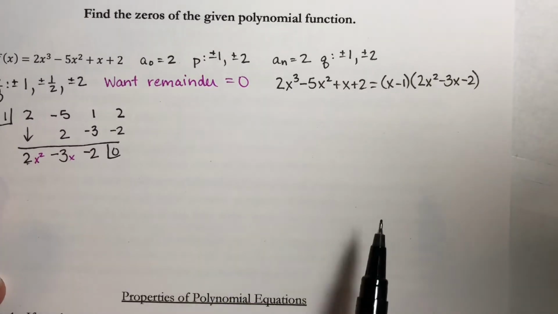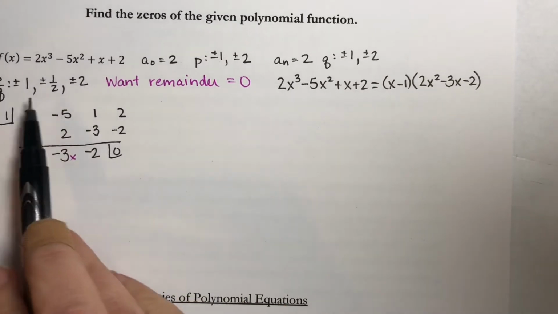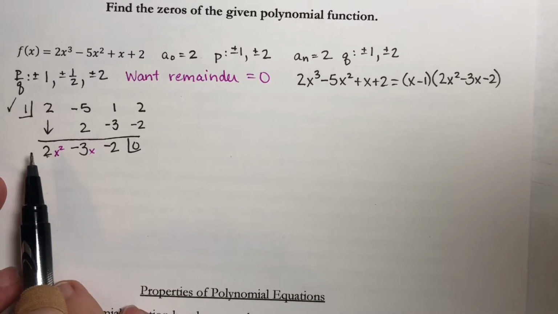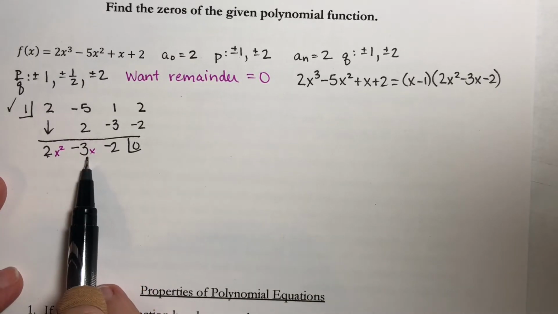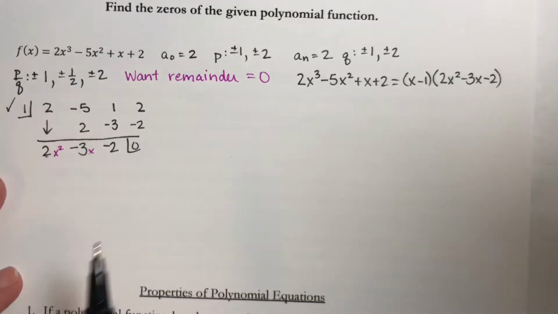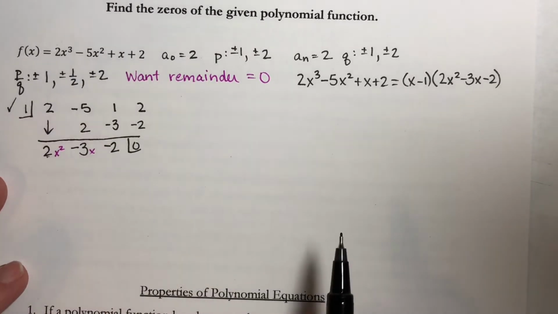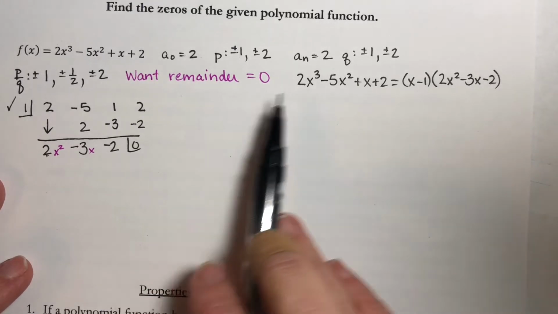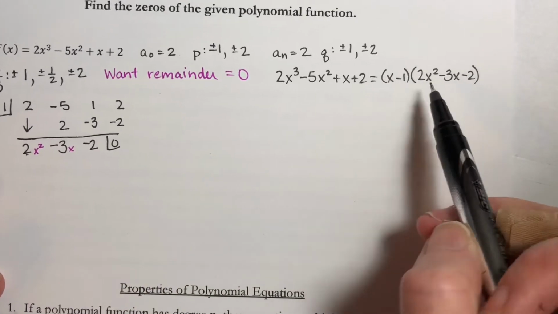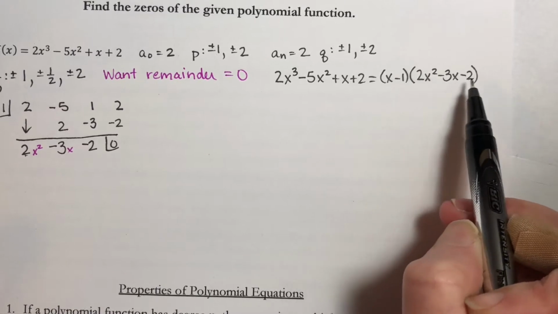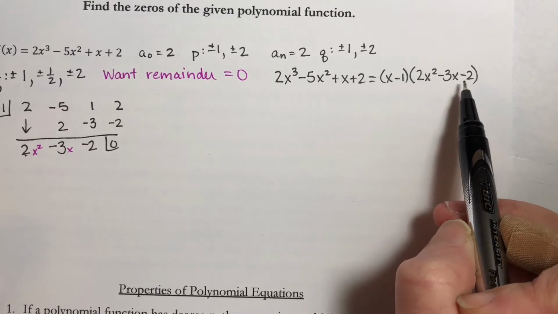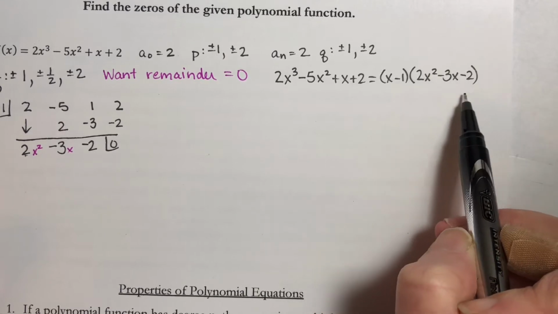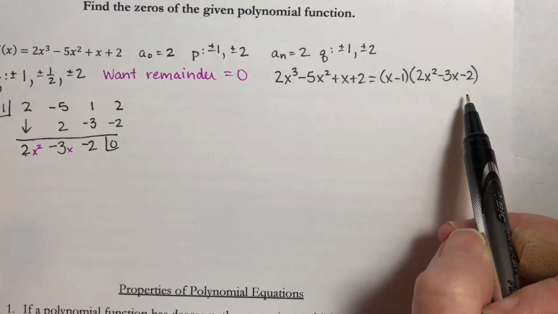Now, it might be that I need to keep checking more numbers. When I go to check more numbers, I would use this and not this. You'll see a lot more of that in a minute. Eventually, you're going to get it down to just a quadratic. Once you have it down to a quadratic, we know how to solve it using the quadratic formula, or you can try to factor it if you want to.